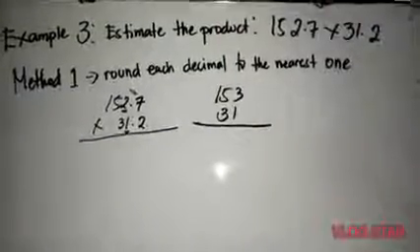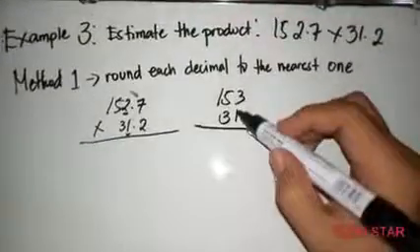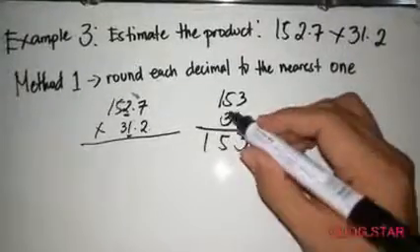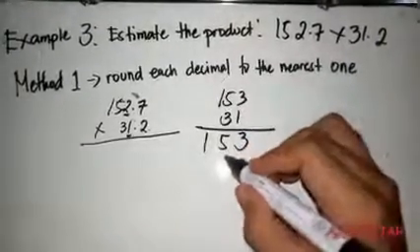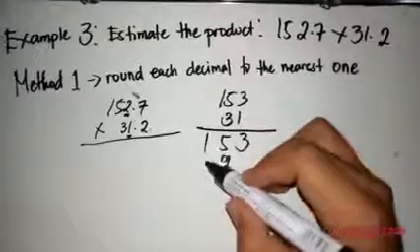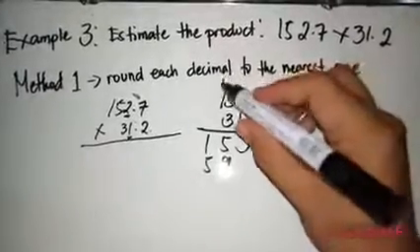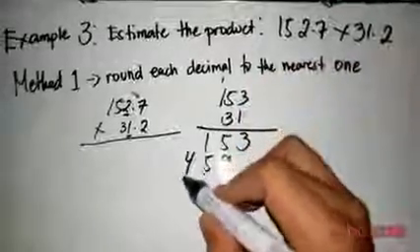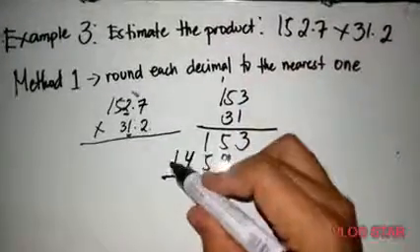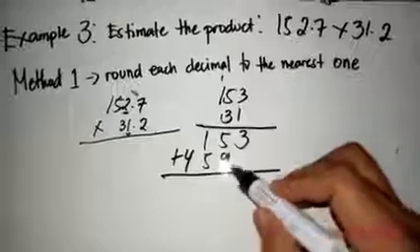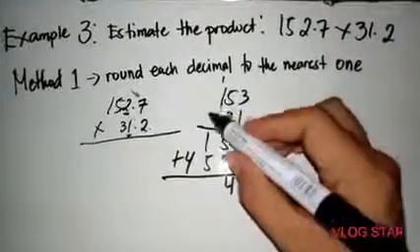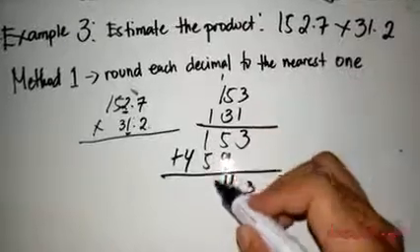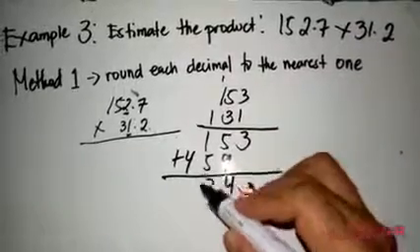So after that, proceed to multiplication. 1 times 3, 3, 1 times 5, 5, 1 times 1, 1, 3 times 3 is 9, 3 times 5 is 15, carry 1, 3 times 1 is 3, plus 1 is 4. Then add 3, 14, carry 1, then 5, 6, 7, then 4.